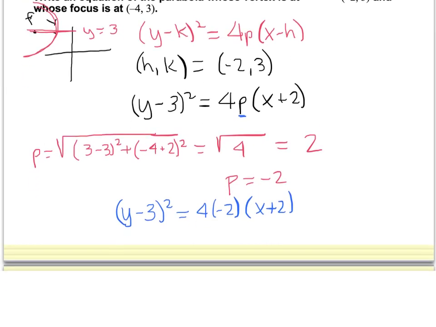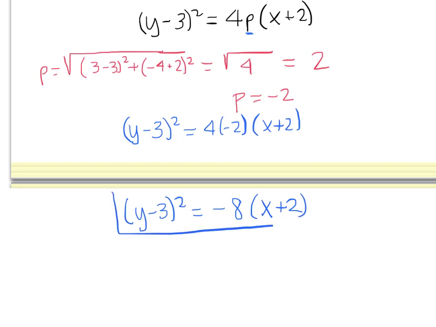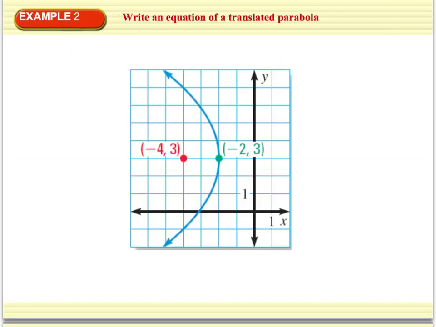And if I simplify that, then we end up with the quantity y minus 3 squared is equal to -8 times the quantity x plus 2. And this is the equation for that parabola. And if I were to graph it, this is what it would look like.